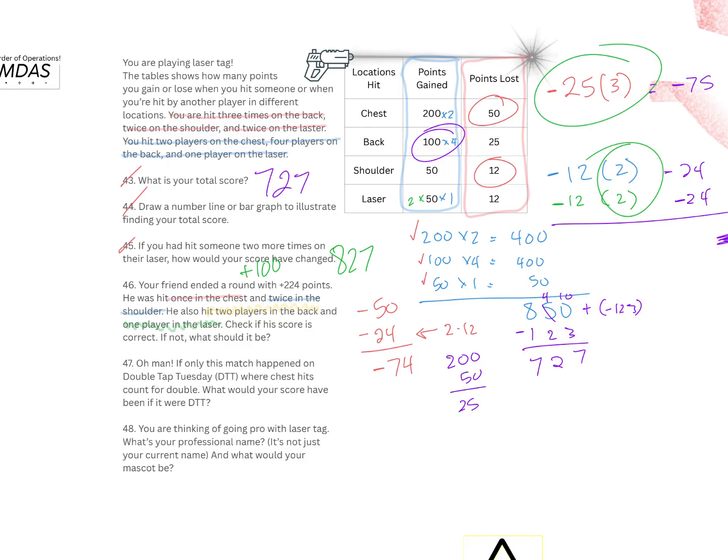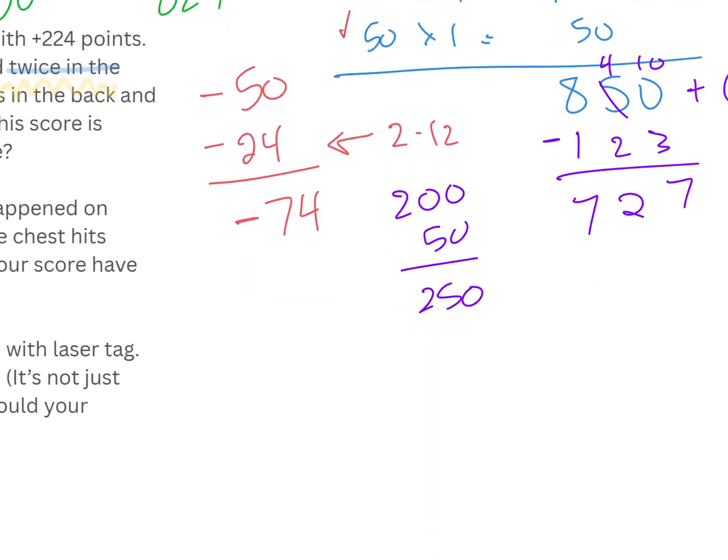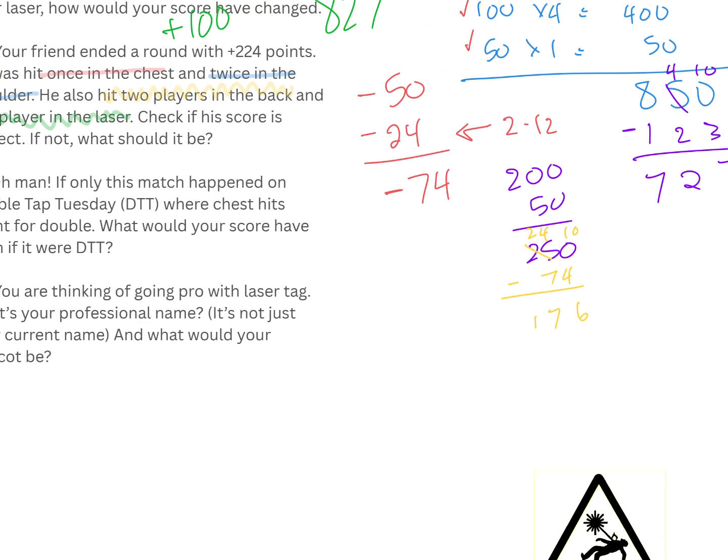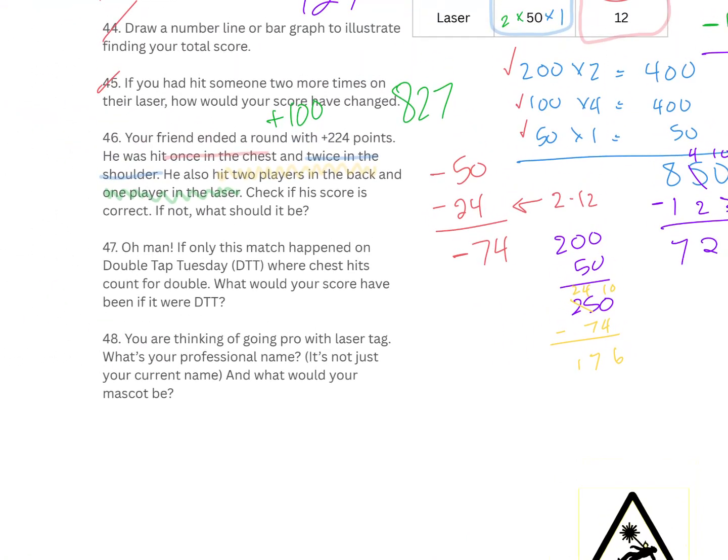So that's 250. So let's combine these two scores. 250 minus 74. Let's see. He had 176 points. So he was wrong. His score should have been 176.